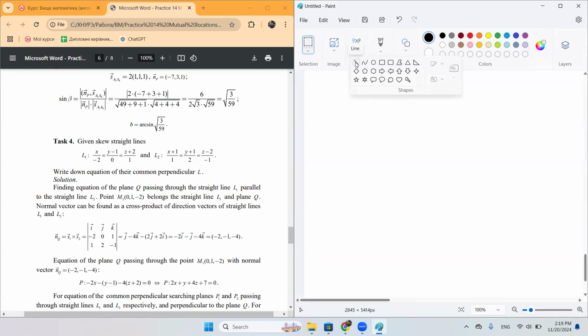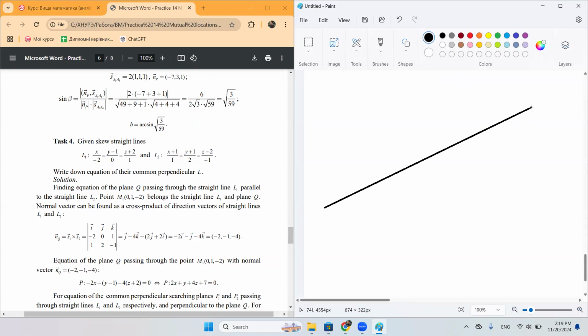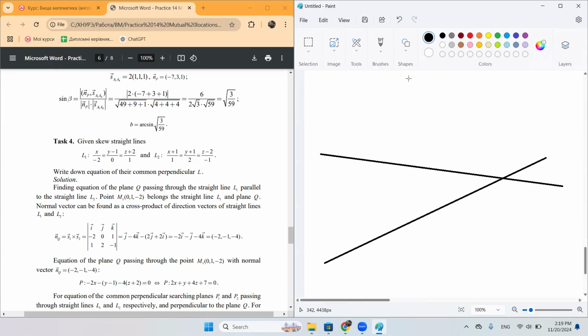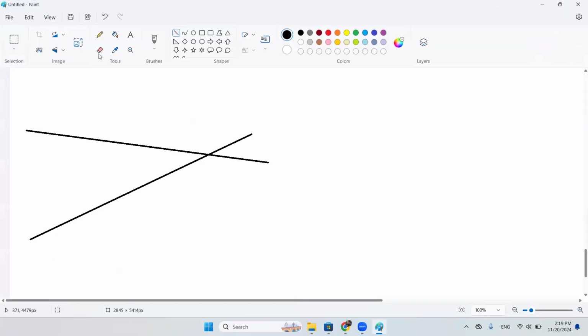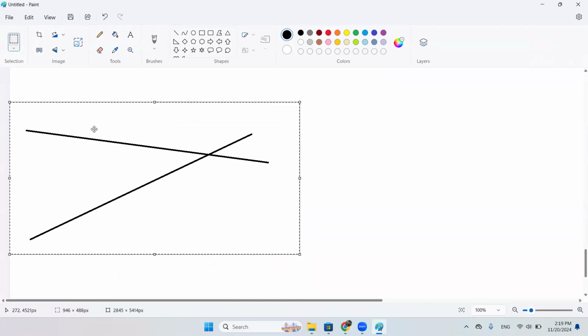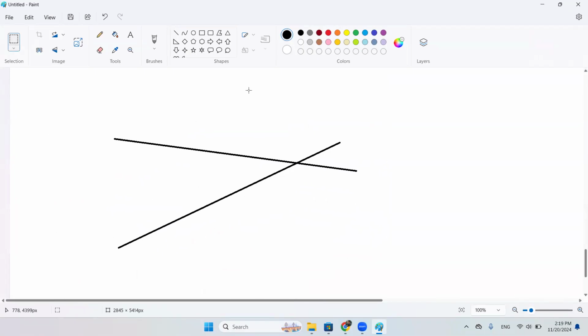So we need to draw. So let's draw two skew straight lines. So they don't intersect. Let's imagine that this is 3D space. So they don't intersect, and they have the common perpendicular. So let me draw it. But first of all, I will mark L2.